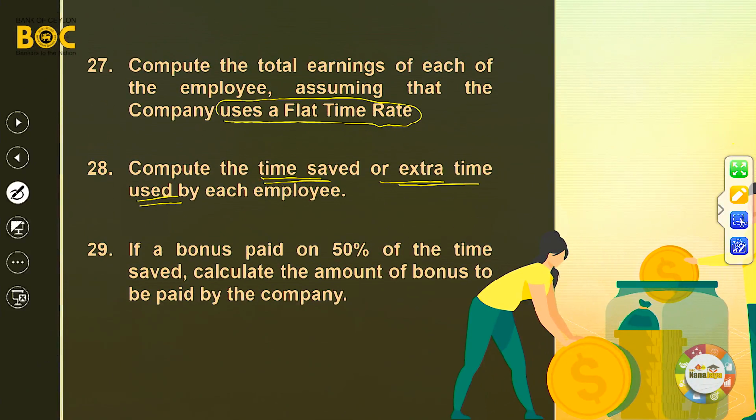Compute the time saved or extra time taken. If you refer back to your calculation, Mr. Sunil has no time saving. Mr. Nimal has taken extra 4 hours, and the last employee Mr. Kamal has saved 30 hours.